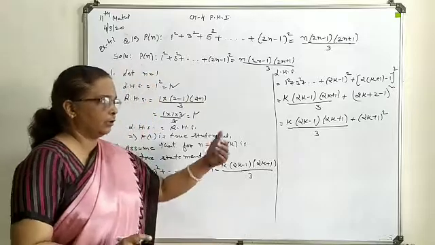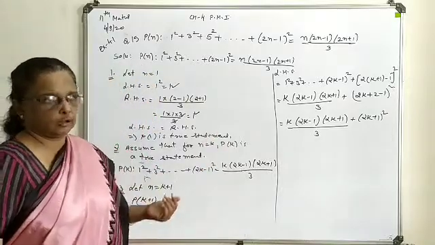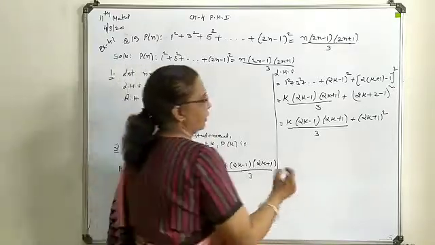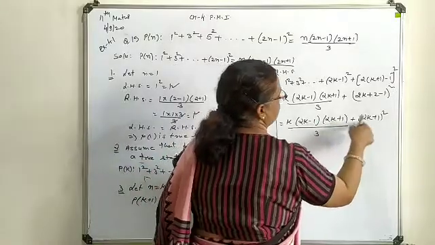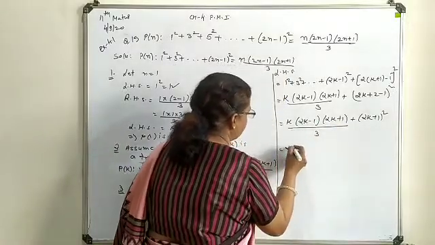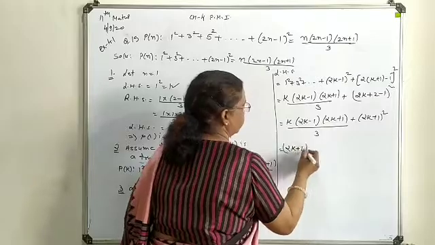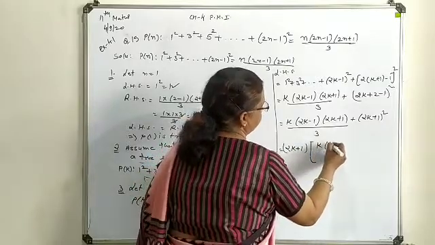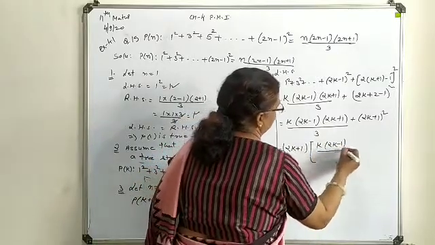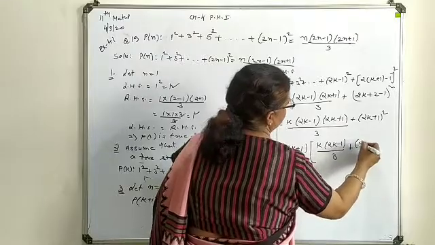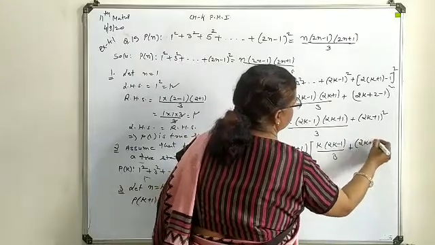Now it is to be sorted out by taking a common term or LCM. So here you can see this 2k plus 1 is common over here, so that we carry out first. This is (2k plus 1) into k(2k minus 1) upon 3 plus (2k plus 1).